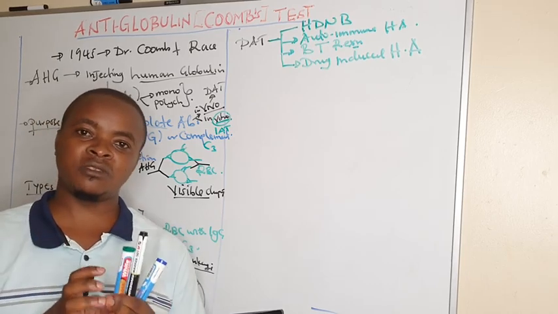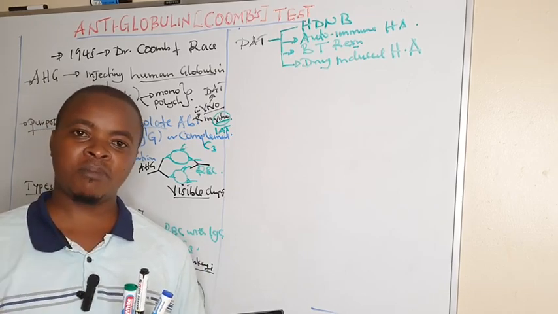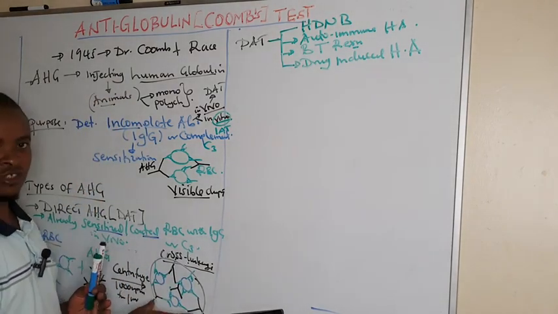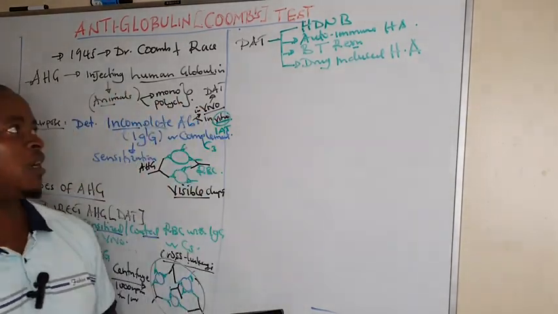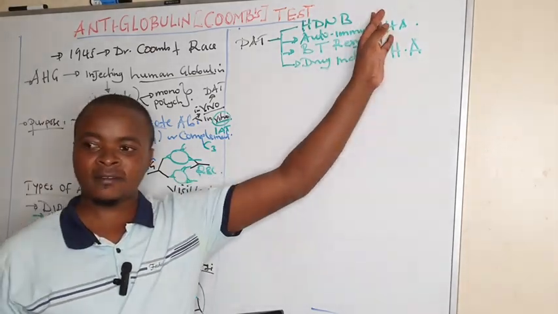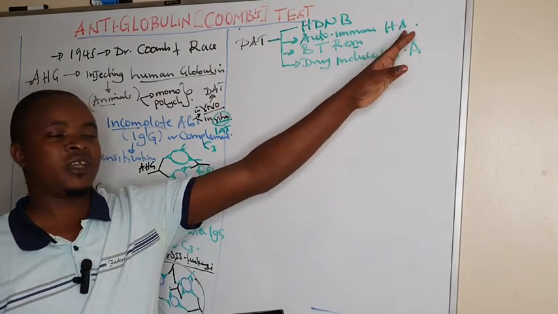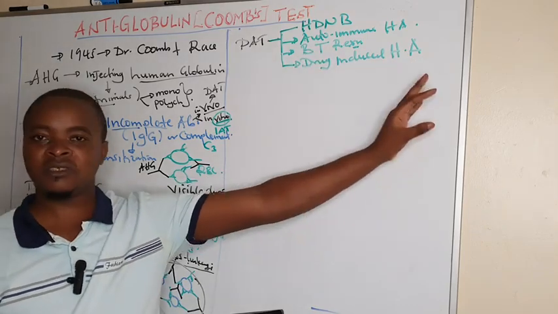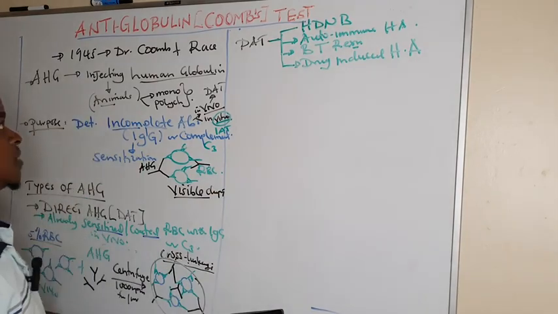So to see the agglutination, we add anti-human globulin, which produces cross-linkage between red cells, resulting in visible clumping, and we are able to demonstrate these conditions: hemolytic disease of the newborn, autoimmune reactions, blood transfusion reactions, and drug-induced hemolytic anemia. So those are the 4 applications of direct Coombs.